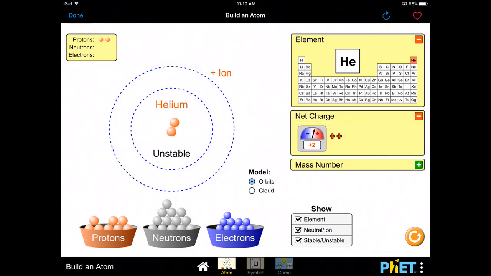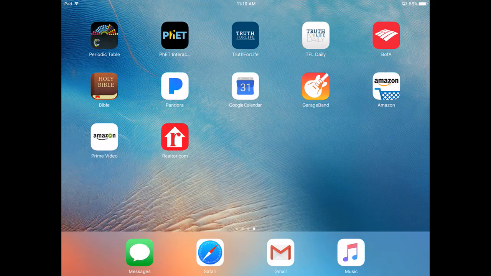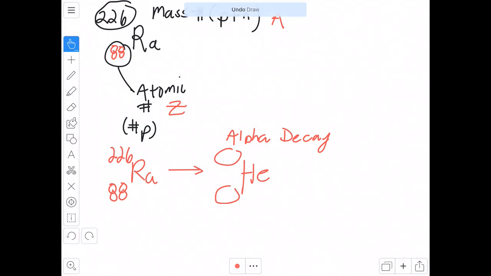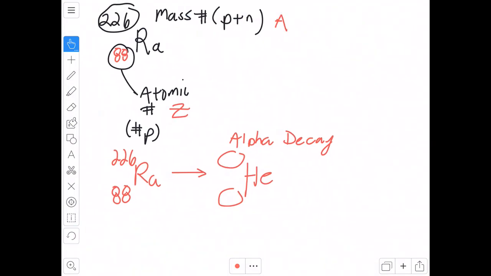It's not stable. I have to add 2 neutrons, this is the most stable form of helium. So what should I write? What are the two numbers I should write, Tom? There you go. So I should write, instead of a 2, a 4 up top left.